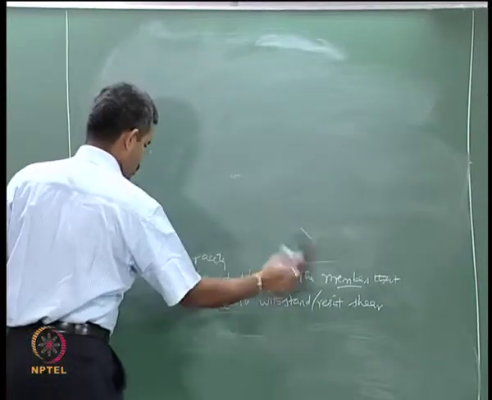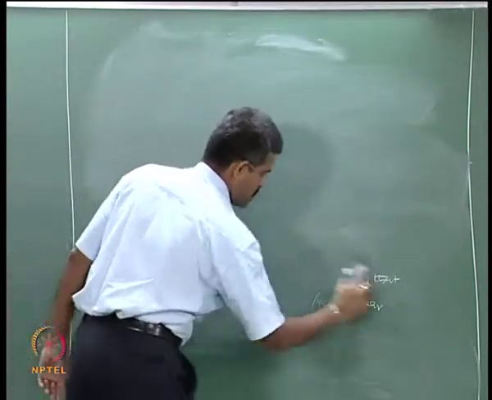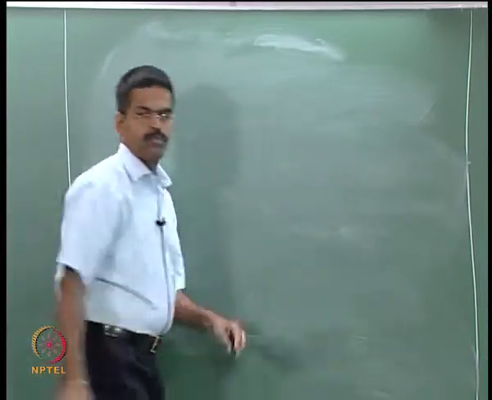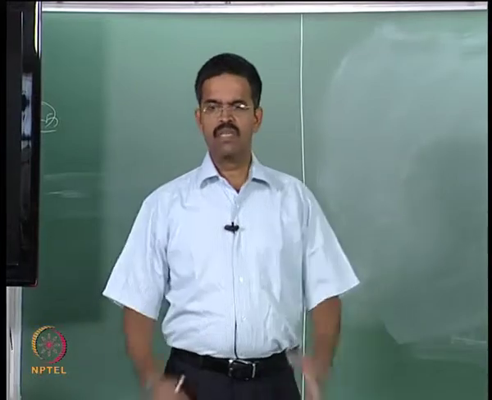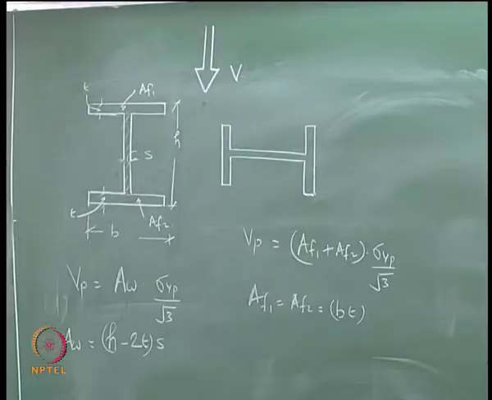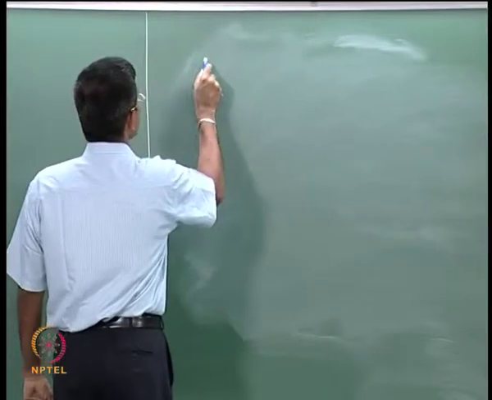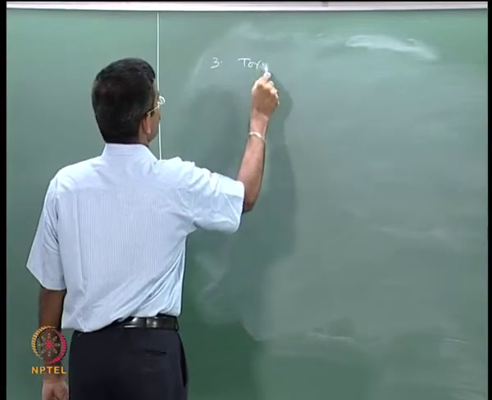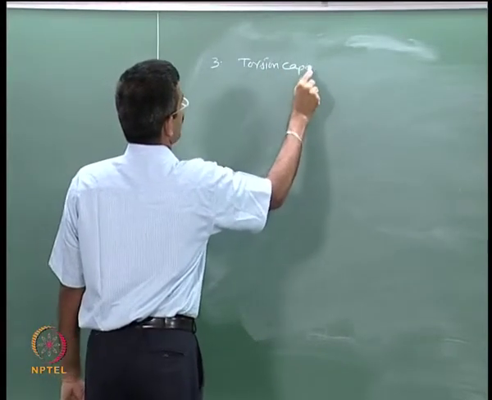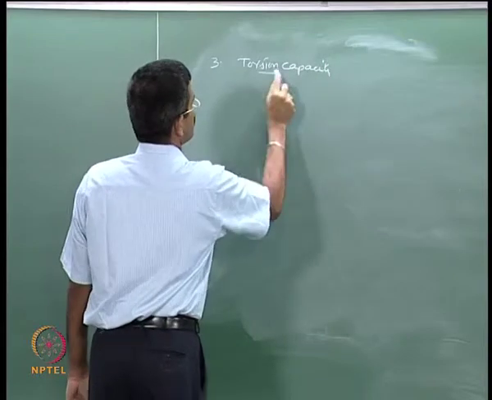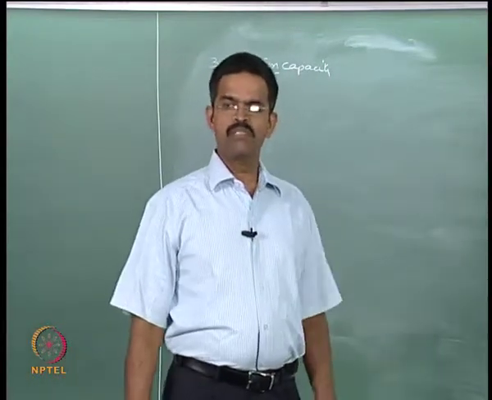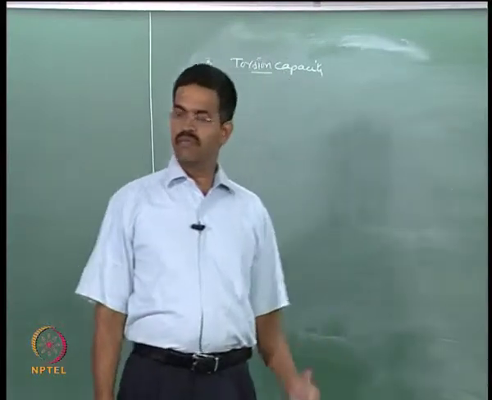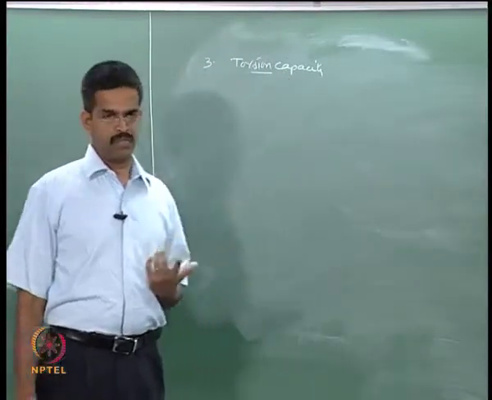Having said this, let us now talk about rectangular sections, and we divide them into two classifications. One is what we call open sections, the other is closed sections. So, we now estimate the torsion capacity. We estimated the axial capacity, we estimated the shear capacity, we will now talk about torsion capacity.